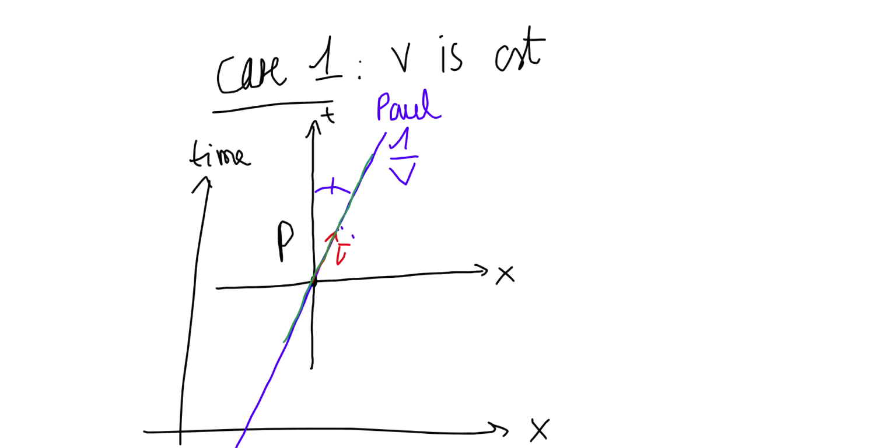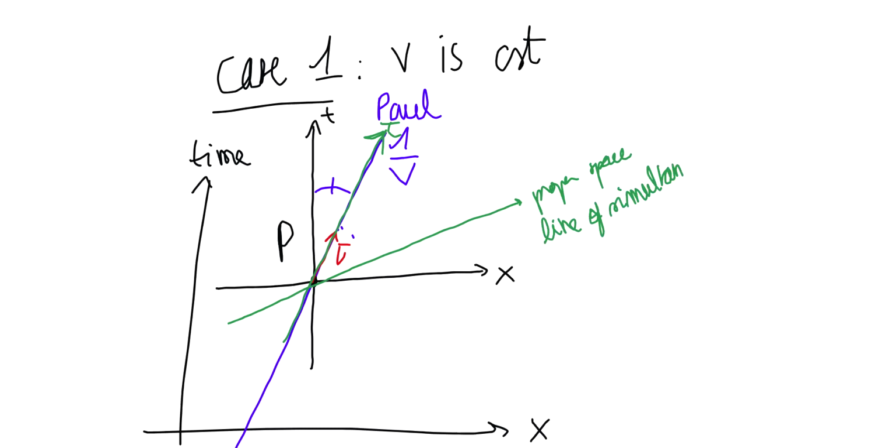This is how the proper time of Paul goes by. And by the Lorentz boost, I now obtain the line of simultaneity here, which could be his proper space. So this is proper time, and this is his proper space, what we call the line of simultaneity. I'm going to explain.